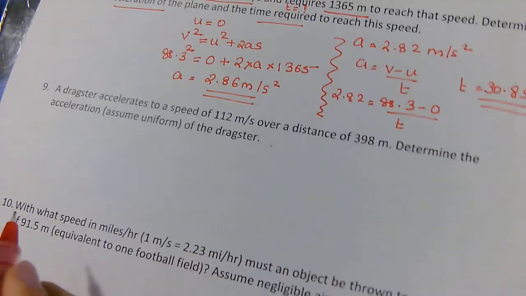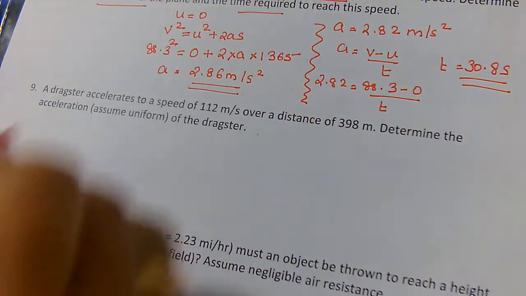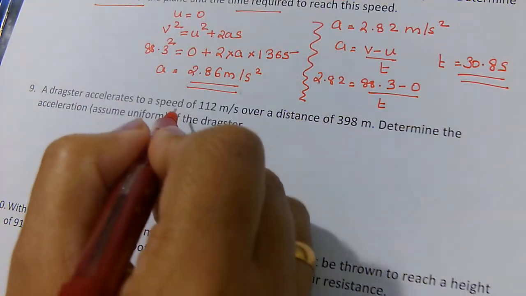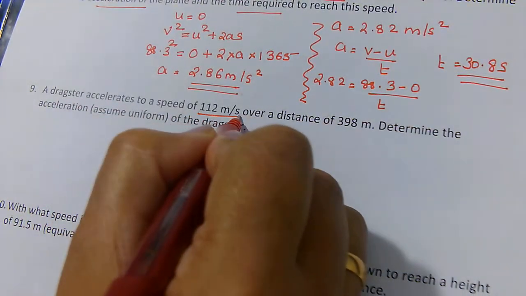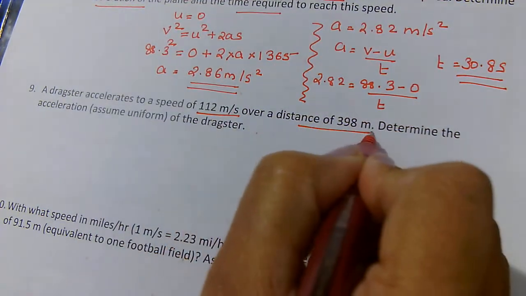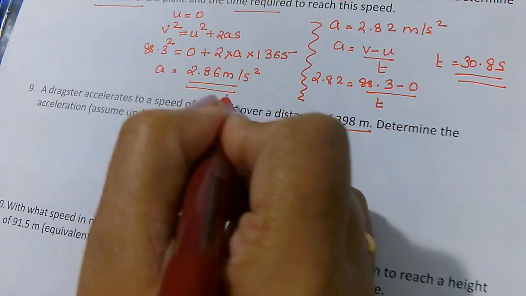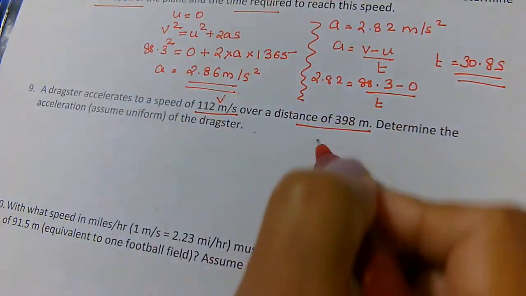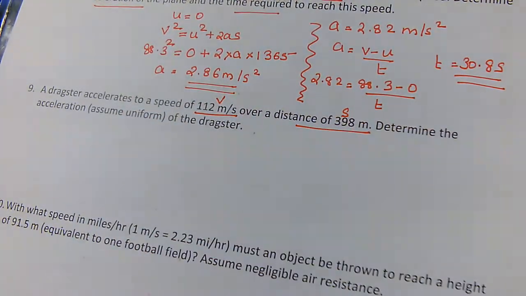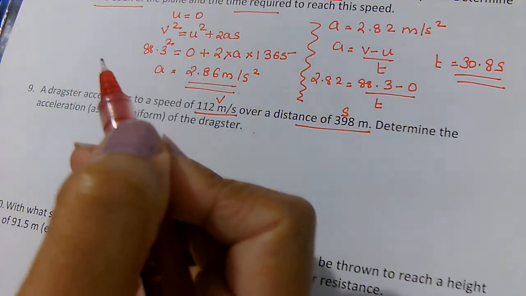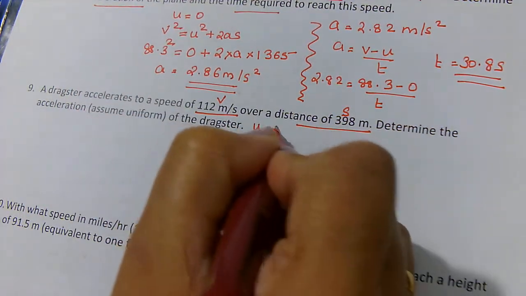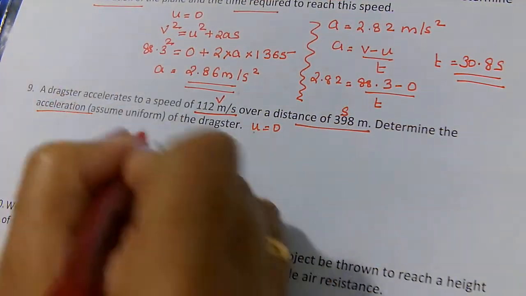Just 2 more questions. A dragster accelerates to a speed of this much over this distance. So speed is given to you, so it accelerates to a speed finally this much after going through this distance, so that is s. So initially it has to be at rest, so u is 0. Determine the acceleration.